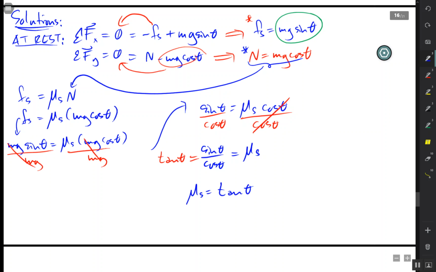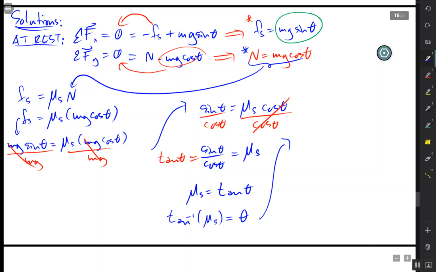Now remember, this was only used to find the maximum angle that static friction will still hold on to the block. So we need to solve for theta. One more step. And that's simply inverse tangent of mu s, which is less than 1, but tangent can be more than 1. Okay?